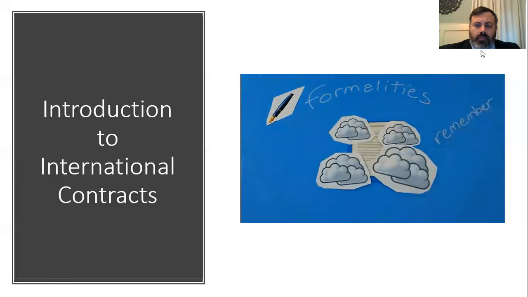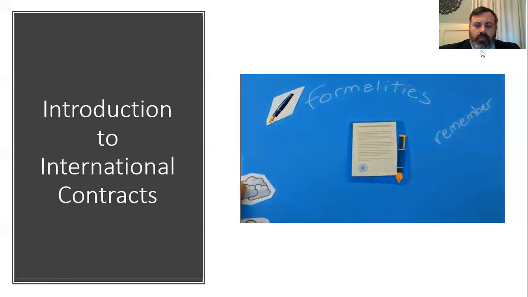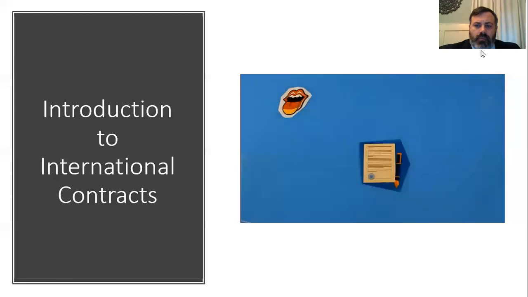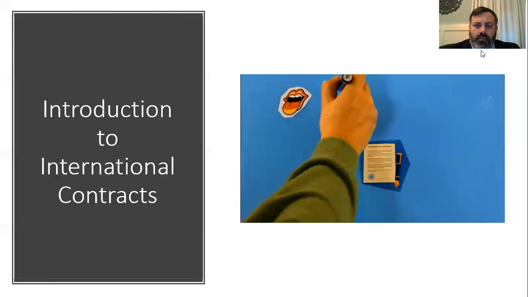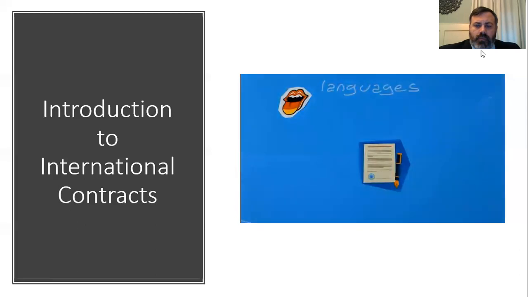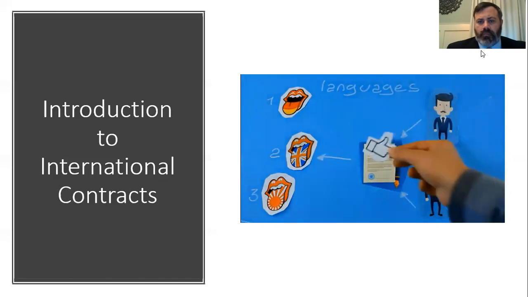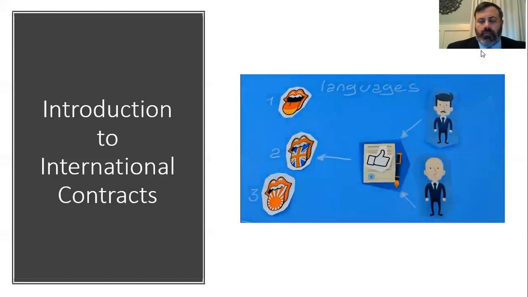In fact, the clearer you are, the fewer problems you get. The text can be written in one or more languages. To make things as easy as possible, the parties should select a reference text, for example, the one written in English.